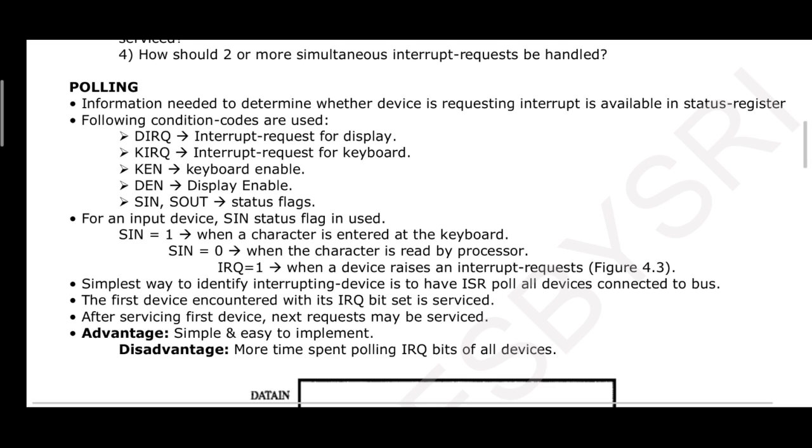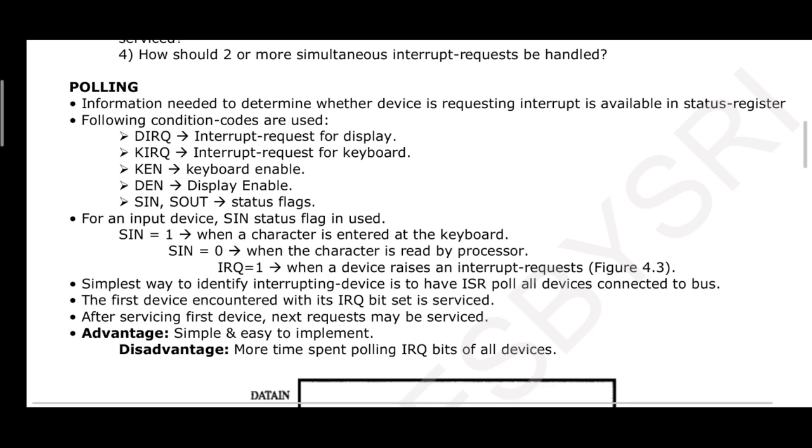So the condition codes of the flag bit are mentioned, some of the condition codes we are using for our discussion. So DIRQ, the notation which stands for interrupt request for display, where D stands for display, IRQ for interrupt request, KIRQ is the interrupt request for keyboard.